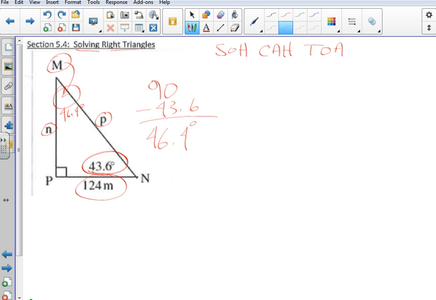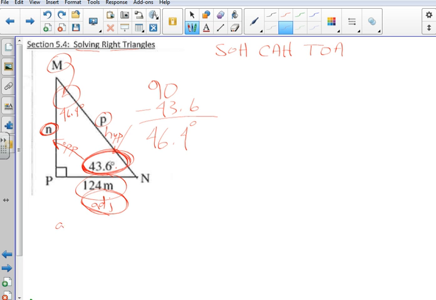So that would be a 46.4 degree angle. Now, for the sides, I would recommend using this angle. From that angle, we have this side as the opposite. This is the hypotenuse. That makes this the adjacent. So I have the adjacent, and I'm going to go find this side, the opposite.